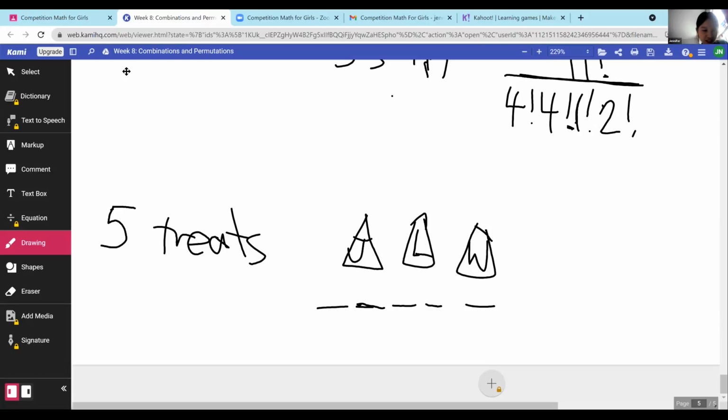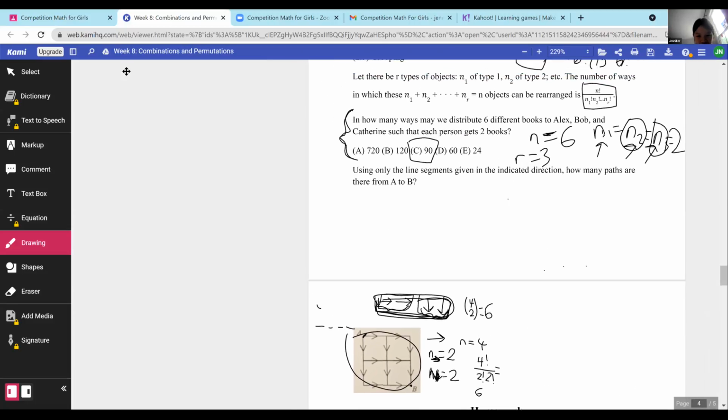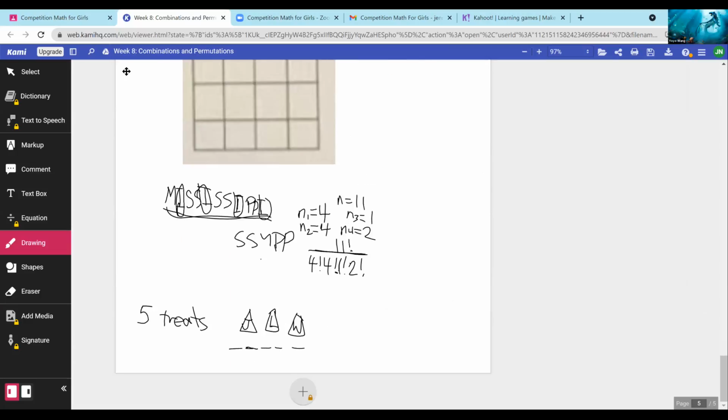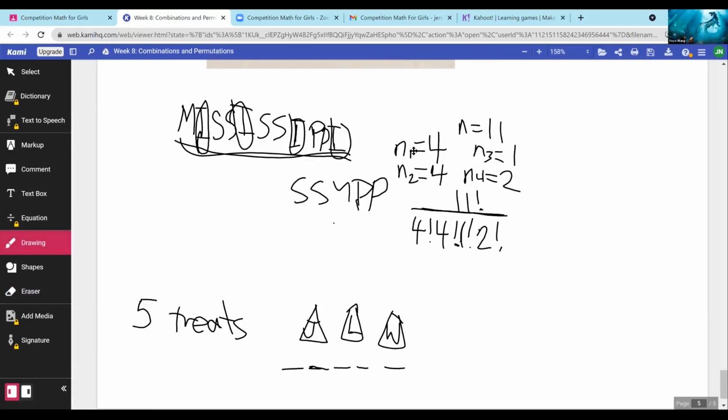This problem is actually similar to the one we saw here with these 3 kids. Wait, is the formula 5 factorial over 2 factorial times 2 factorial times 1 factorial? Correct.